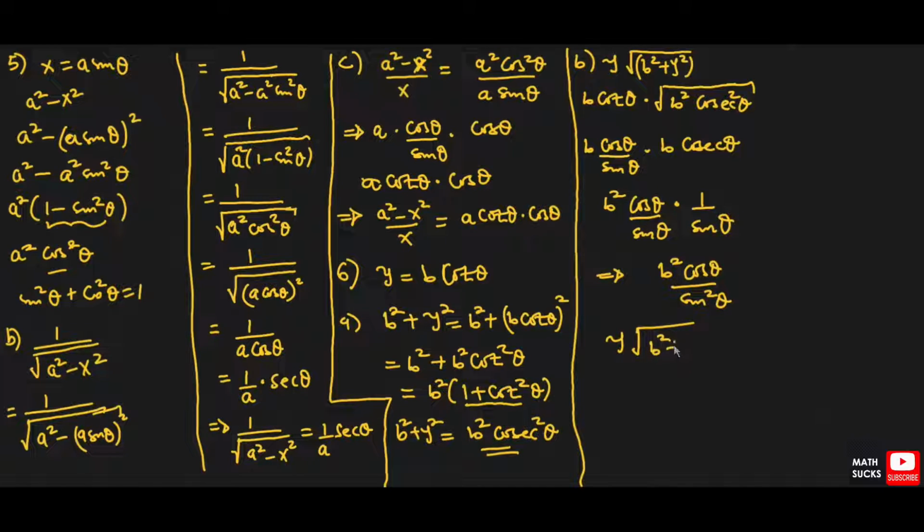So the simplified answer for this would be left in this form, equal to b squared cos of theta times the cosec squared of theta. That would be the final simplified answer for this expression. It cannot reduce any further, so we can just keep it that way. So that is part B.